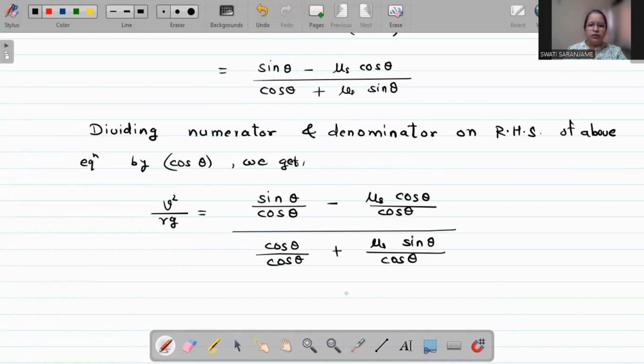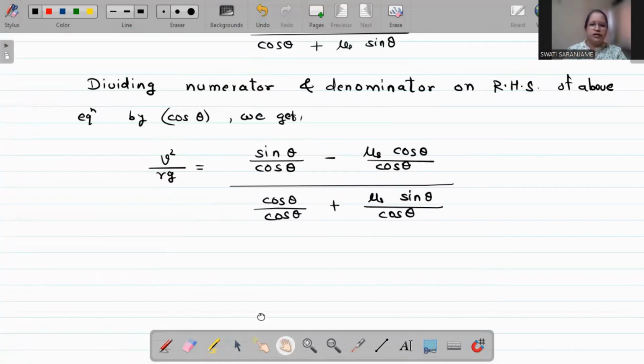And you know sine by cos represents tan.